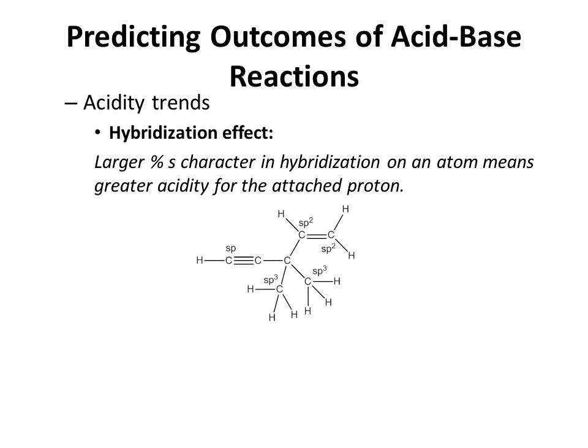The sp hybridized carbon with proton attached will have the most acidic proton because of the hybridization effect. That higher percent S character neutralizes negative charge around the carbon, allowing the proton an easier time being removed by a base.